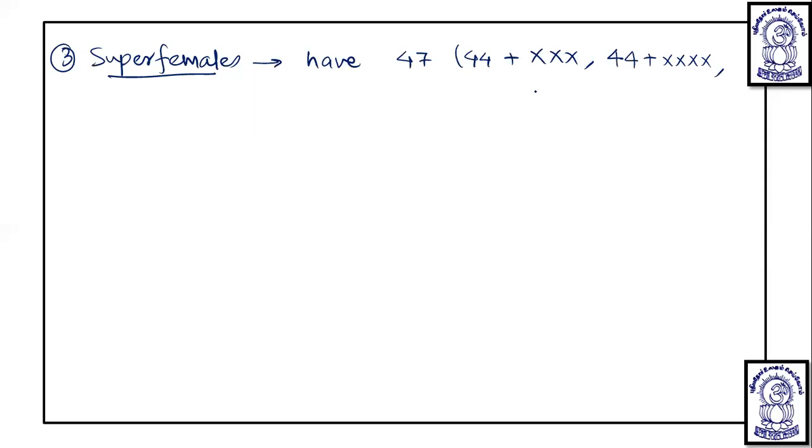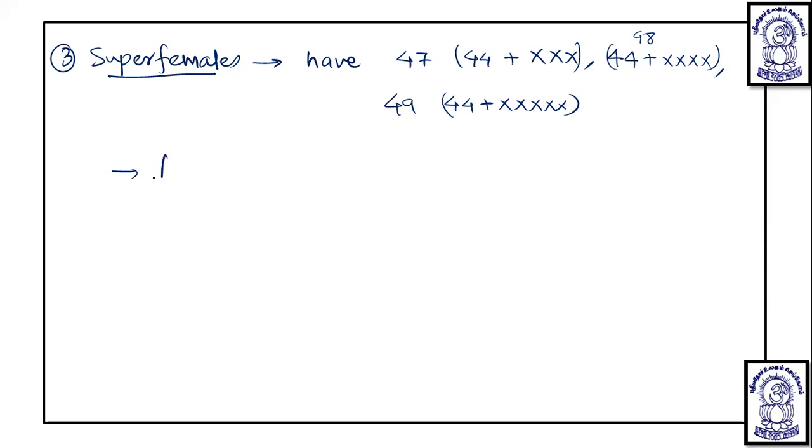So 47 chromosomes, 48 chromosomes are there. Here 49 chromosomes can be there when 44 plus XXXXX condition is there.